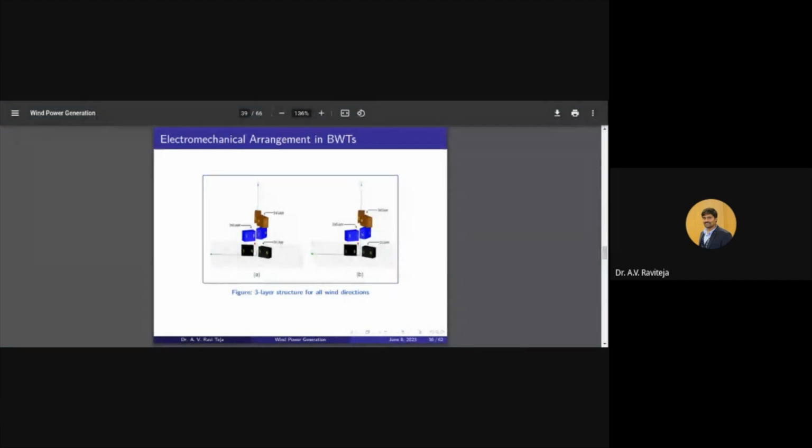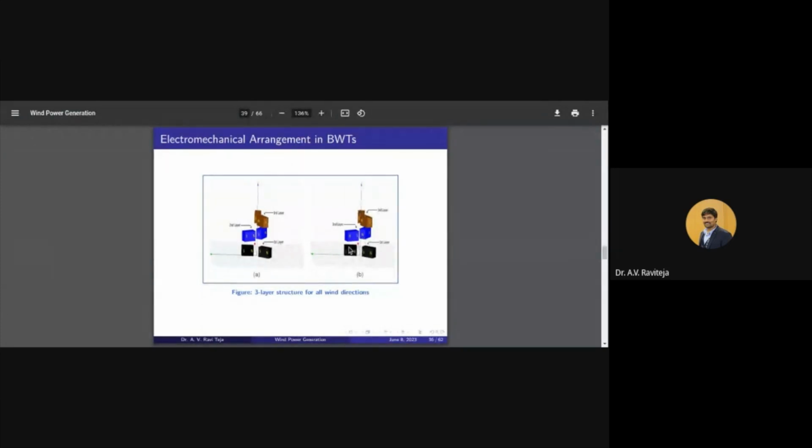What we have done is we made it three layers, one, two, three, and each layer is tilted with respect to the previous layer by 120 degrees. Like in an induction motor, where coils are placed 120 degrees apart, but that is for rotating. This is for vibrating. So we placed them three, 120 degrees apart, so that we cover all 360 degrees.